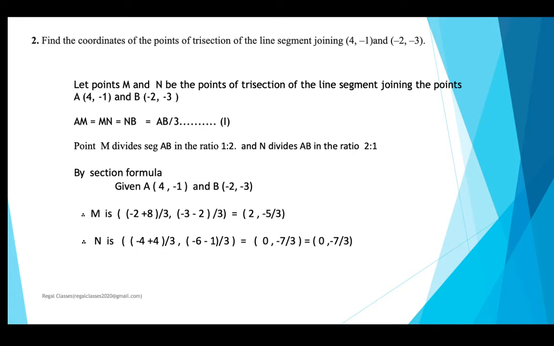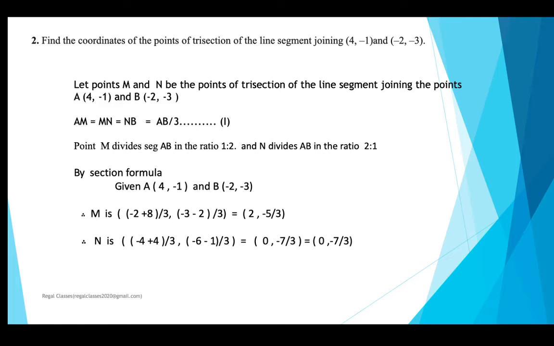Find the coordinates of the points of trisection of the line joining. Trisection means if you have M and N as the points of trisection, then AM is equal to MN is equal to NB, and that is the total length AB divided by 3. So here point M divides segment AB in the ratio 1 is to 2, and N divides AB in the ratio 2 is to 1.